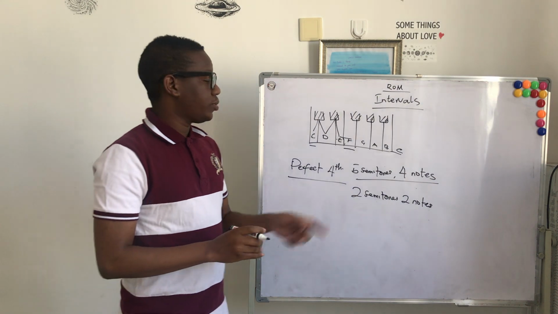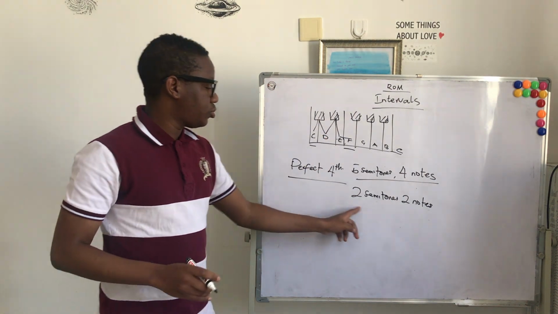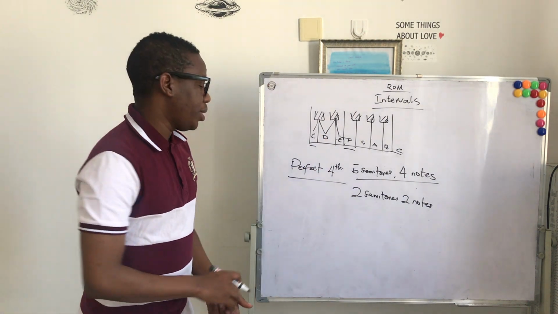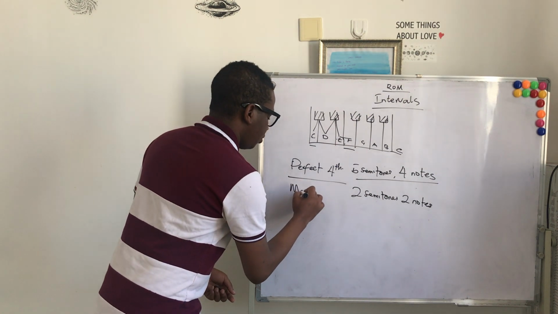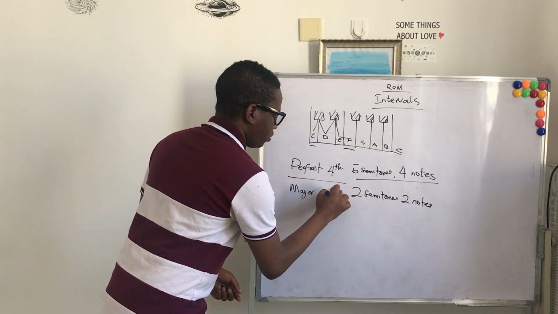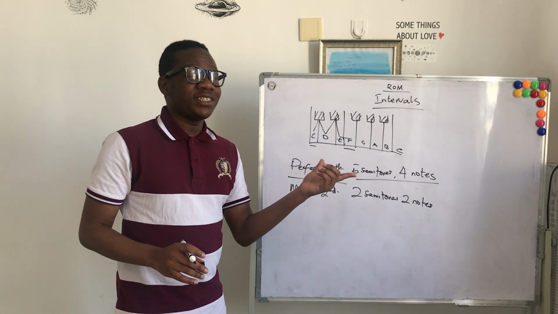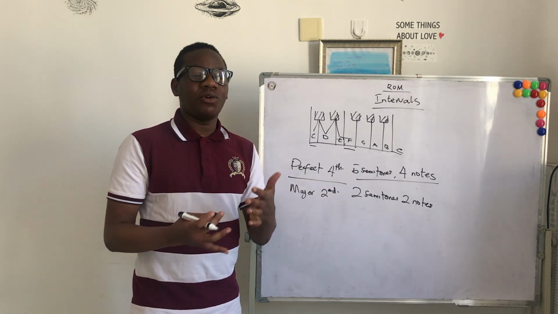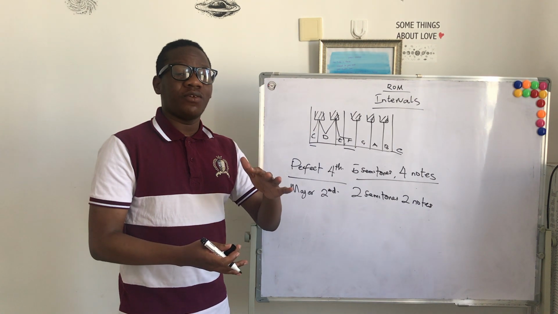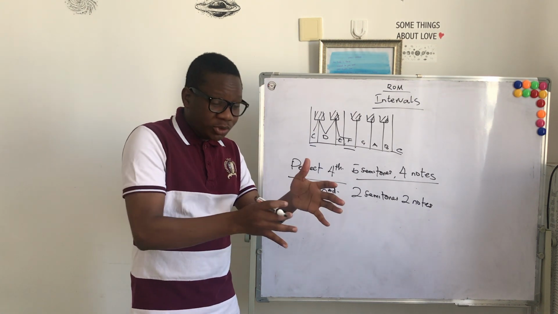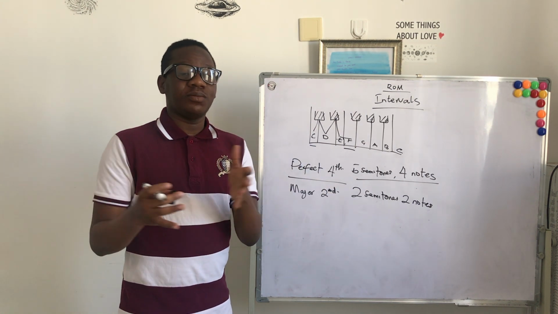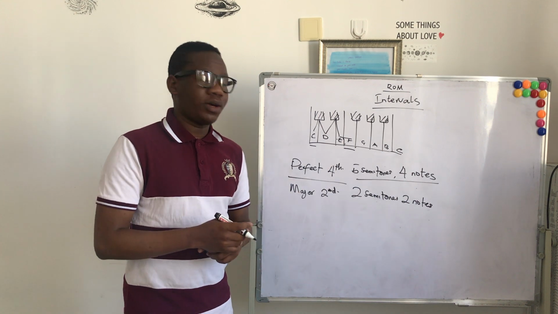How do I know? 1, 2. 2 semitones. That makes this a major second. How do I know? Like I said, I'll give you a breakdown of all these intervals in a tabular form so that you can just glance through it and see the intervals between these notes I'm talking about.